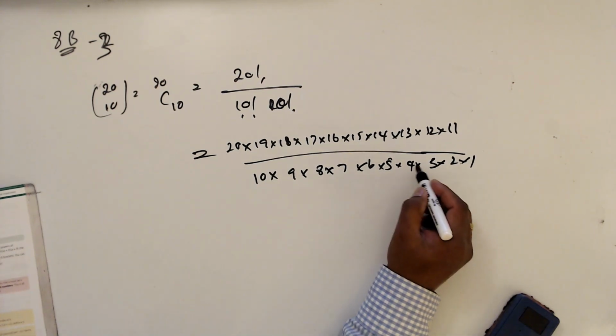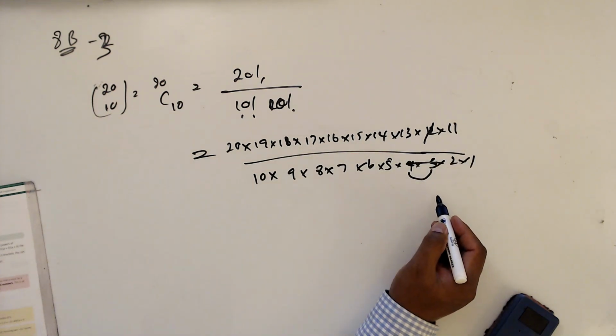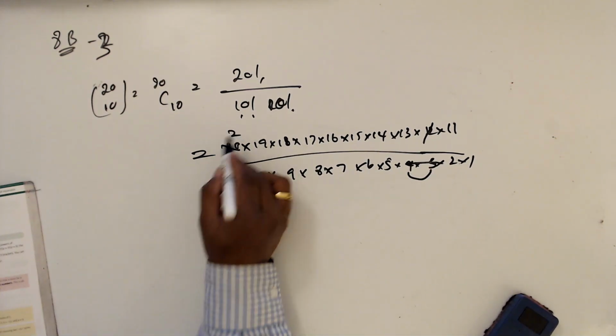So 4 times 3, 12, and this 12 cancel out. And 10 times 1, this is 2.